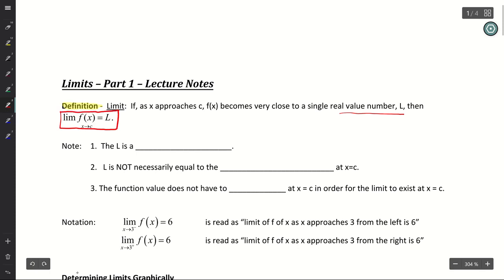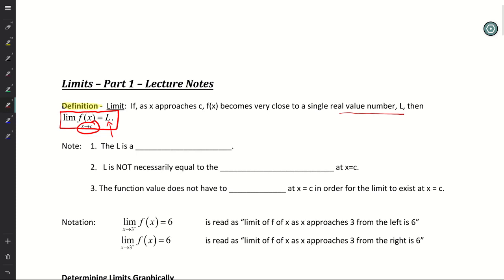We see the LIM in front of our function f of x, so that's indicating limit. We see the x approaching c down below the f of x, that's telling us what value we're approaching. And then if the limit exists, we're going to see a real number L on the other side of the equal sign.